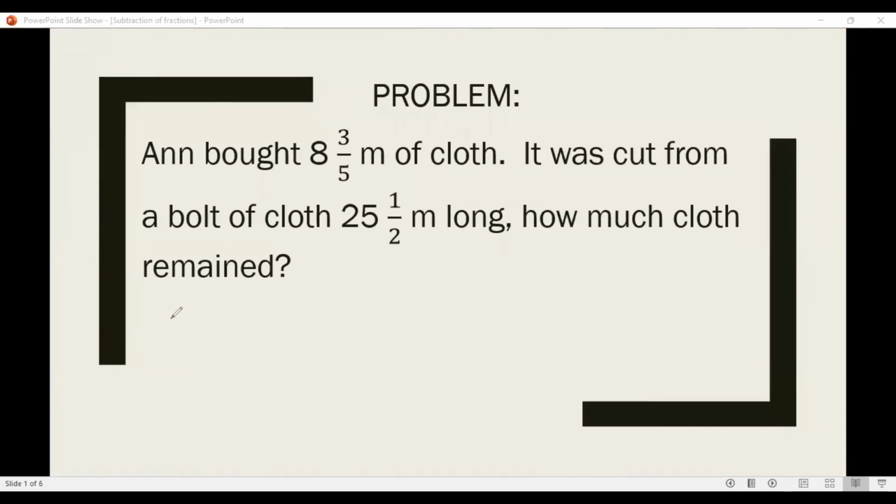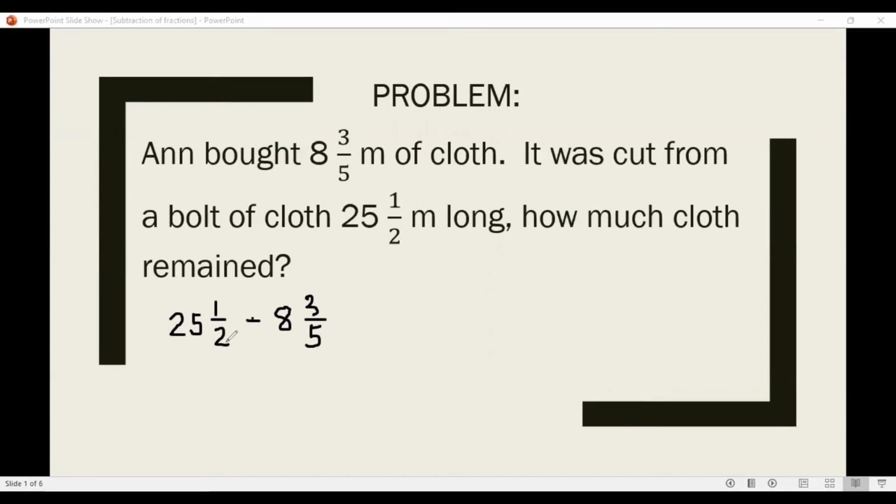So again, the problem is 25 and 1/2, and we are going to subtract that to 8 and 3 over 5. Okay, so 8 and 3 over 5. So let's investigate.